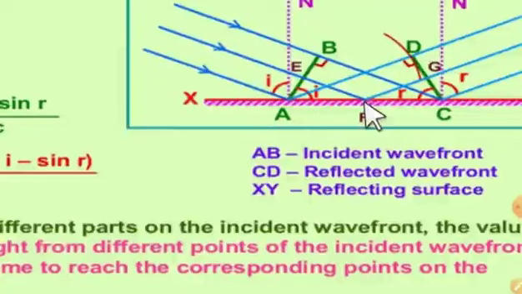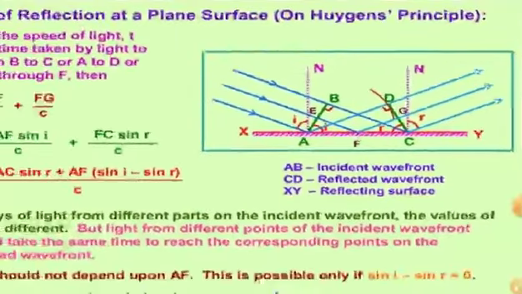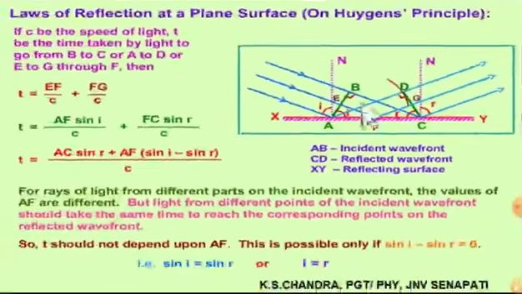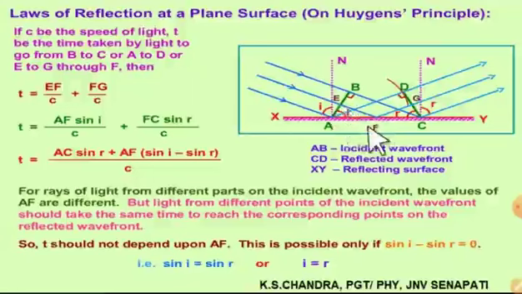So EF can be expressed as AF sine i. As I have said, sine of angle of incidence is equal to EF by AF, so by using that, EF can be expressed as AF sine i. Likewise, FG can also be expressed as FC sine of the angle of reflection.